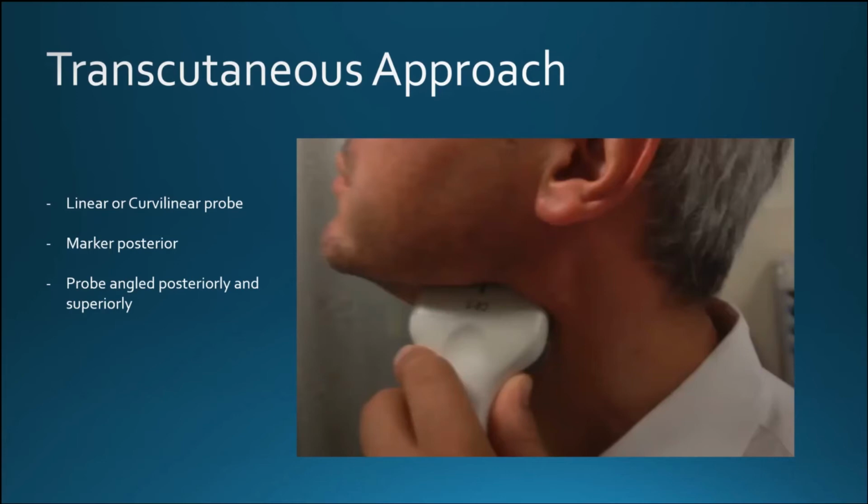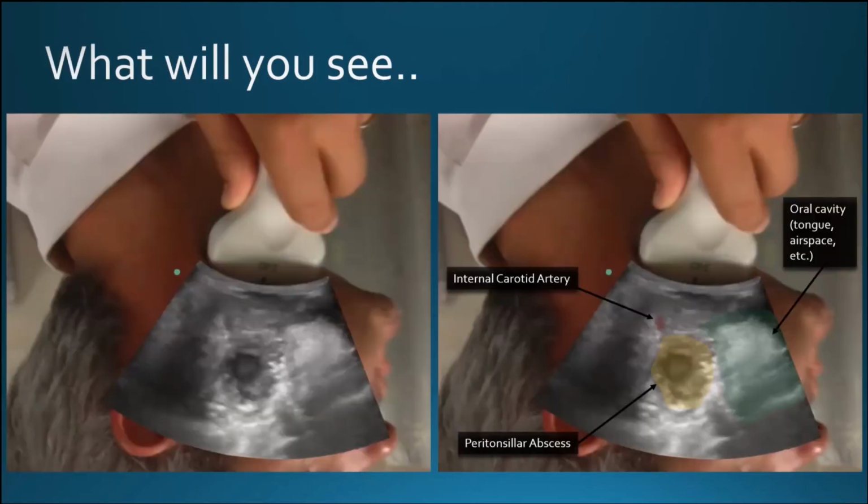You can also ask the patient to point specifically to where they're most tender or where the pain is greatest, then place the probe on that area and look around. Like I said, it's always good to evaluate both sides, so take a look at the contralateral side as well. Here is what you would see. The images are flipped here, so what you see is what you would actually see on your ultrasound imaging.